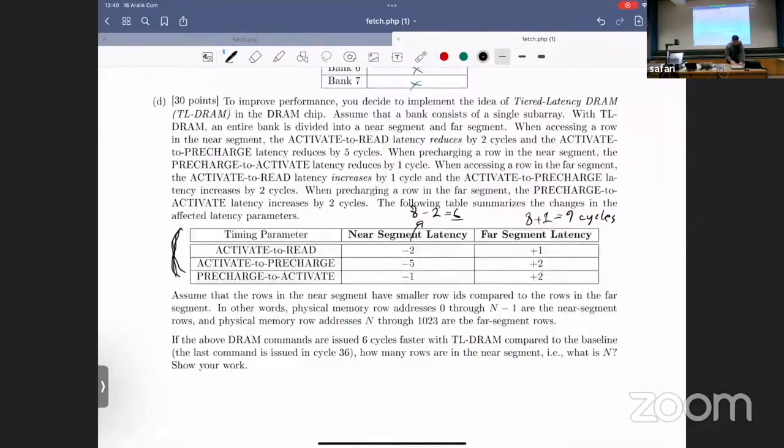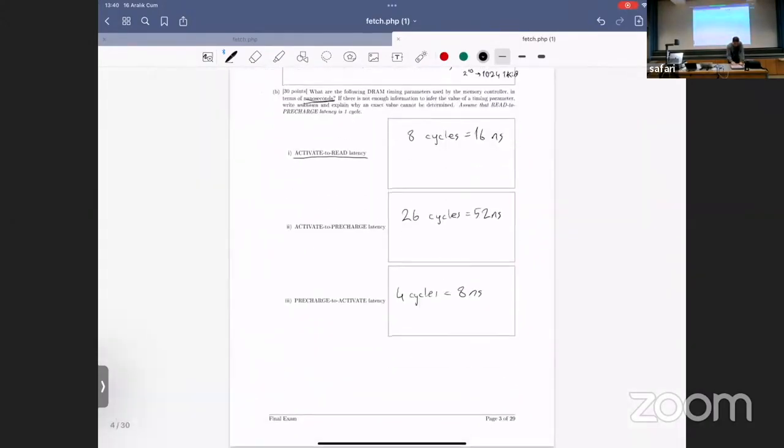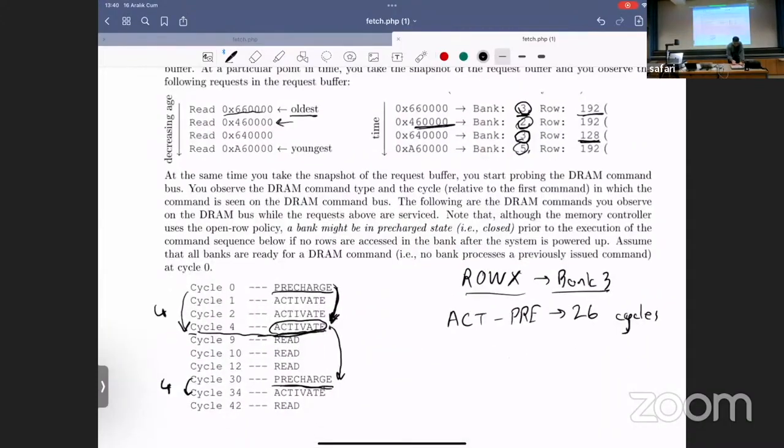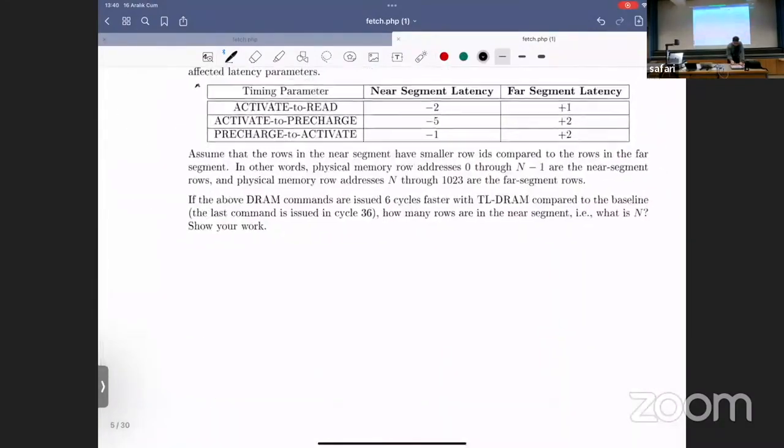So this table is telling us what happens to the latency of each request. And then it asks, if the same set of requests here, instead of 42 cycles, took 36 cycles.